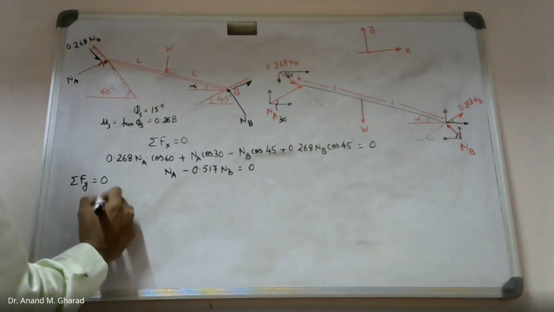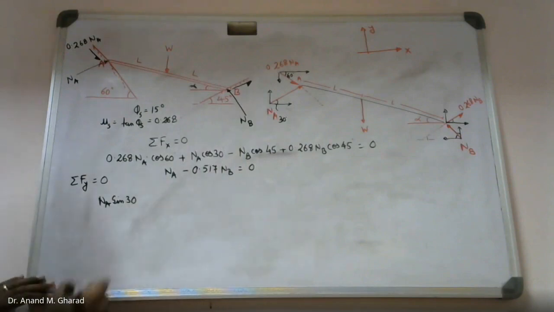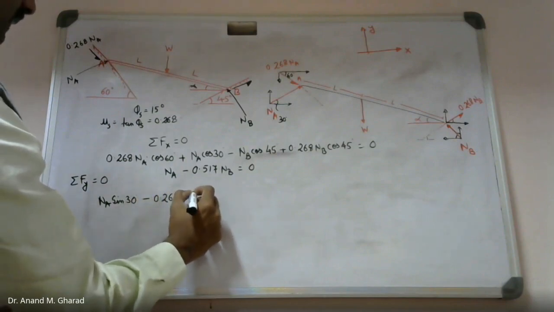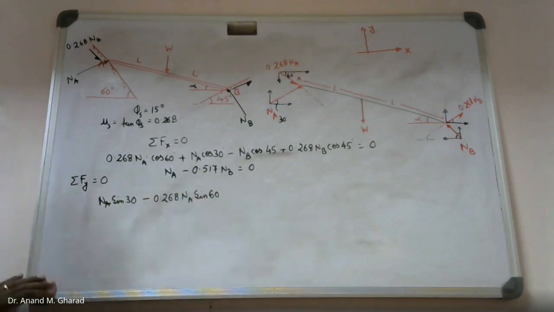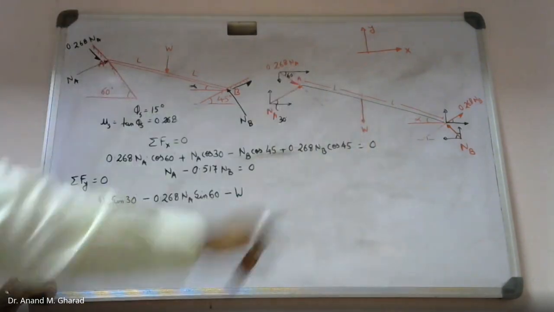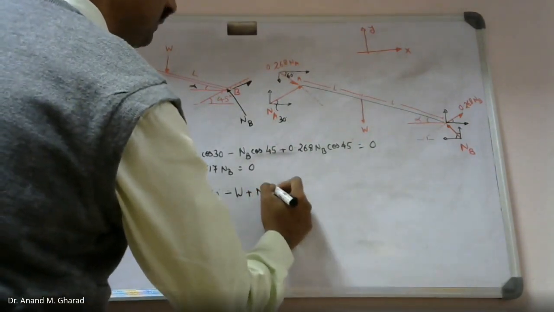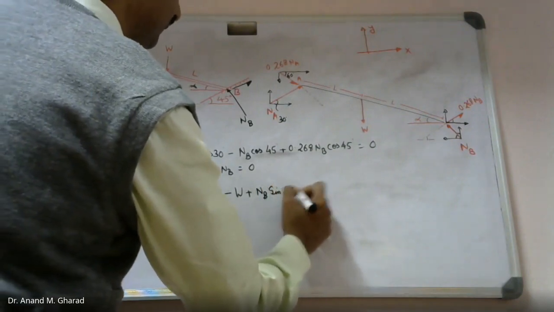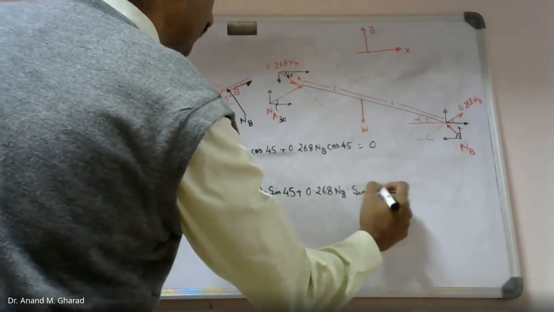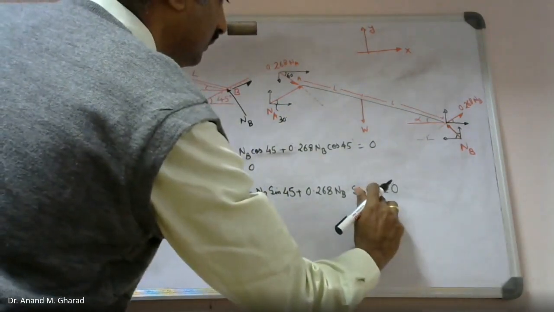You will find positive is NA sin 30 minus 0.268 times NA sin 60 minus W, this is one of the forces, plus NB sin 45 plus 0.268 NB sin 45 equal to 0.